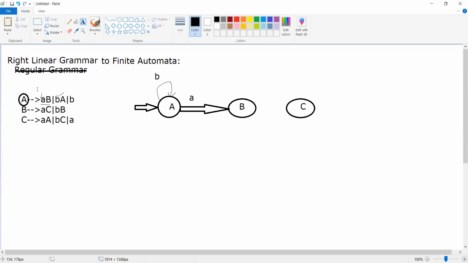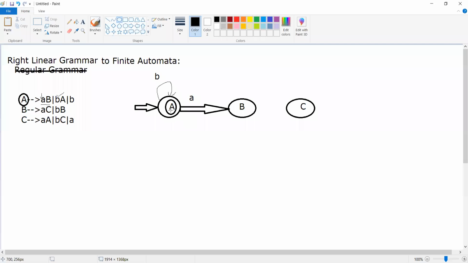This A derives to small b is going to happen if and only if your initial state itself acts like a final state. When it becomes a final state, now we consider the third case.